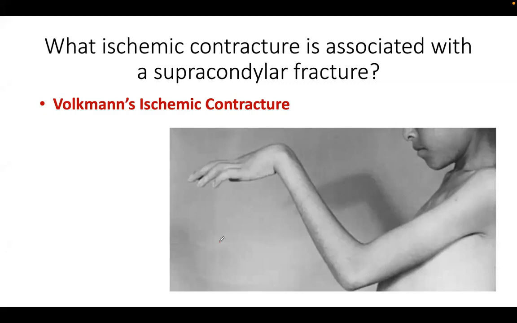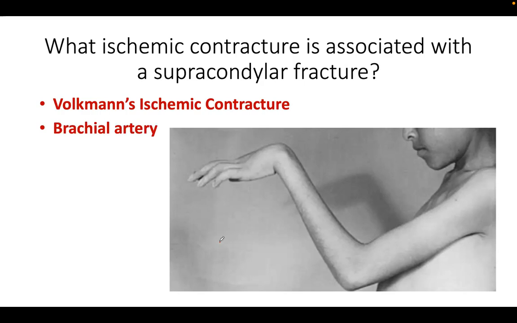Now, question, what is the blood vessel that is affected, which leads to the Volkmann's ischemic contracture? This is a cut in the blood supply. That's why it's called ischemic contracture. What blood vessel is affected here? It's the brachial artery.